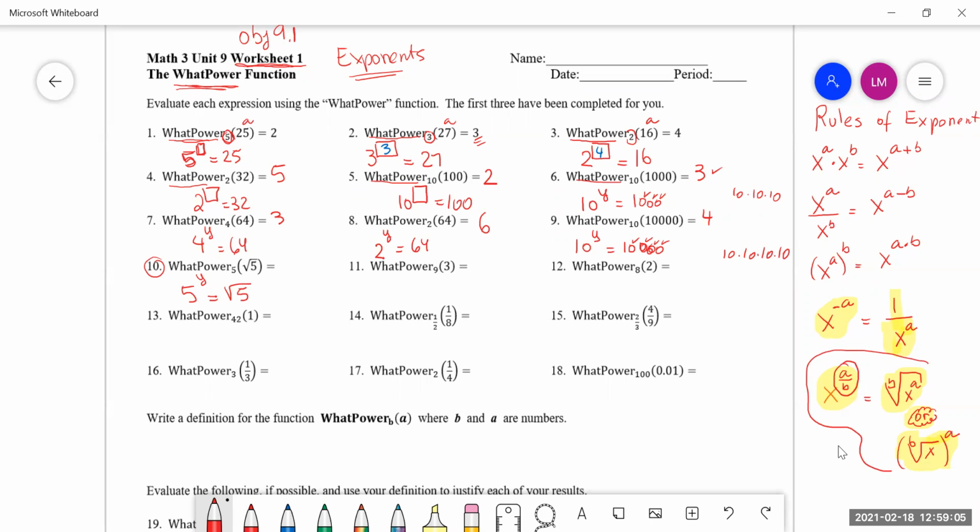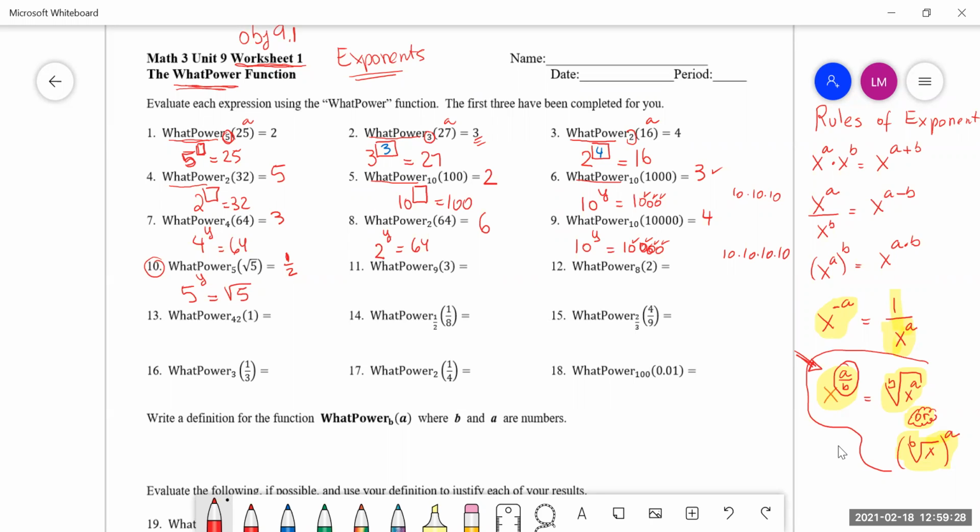How do I rewrite this as a square root? That would have to be 1/2, so the y value is 1/2. That makes sense because if I write my exponent as 1/2, it would become the square root of 5.